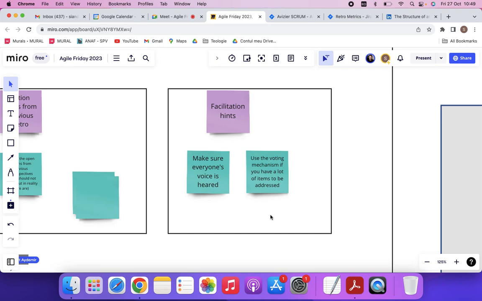But I'm paying attention that everyone speaks, everyone participates. I try some icebreaker things in the meetings to get them used to talking in the meetings.